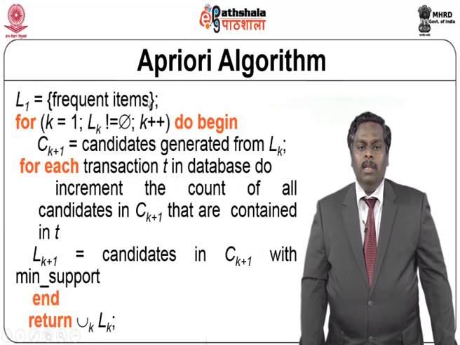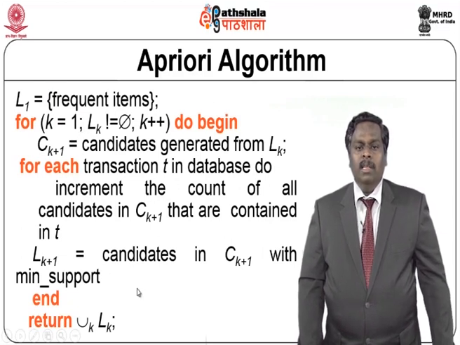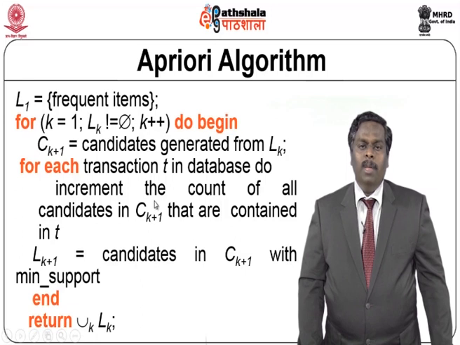Every candidate generated from the given set will be considered for its frequency. Its frequency will be counted first, followed by checking whether it satisfies the minimum threshold or not. If it satisfies the minimum threshold, then it will be appended to the frequent item set.